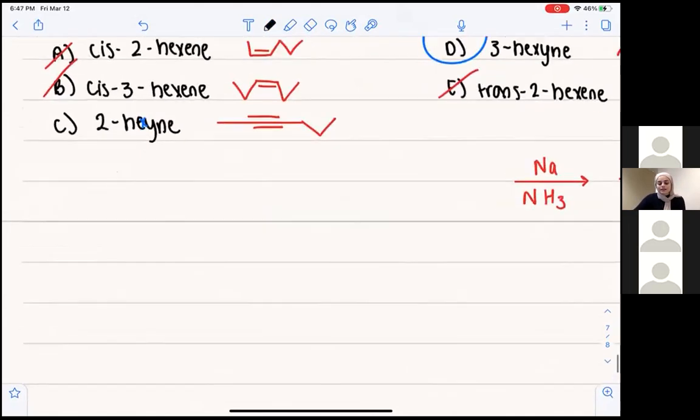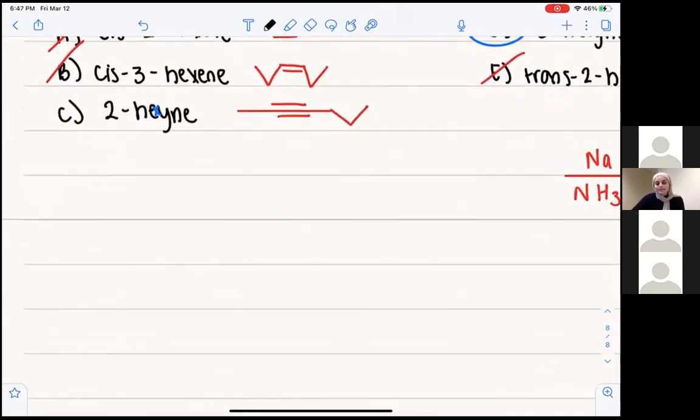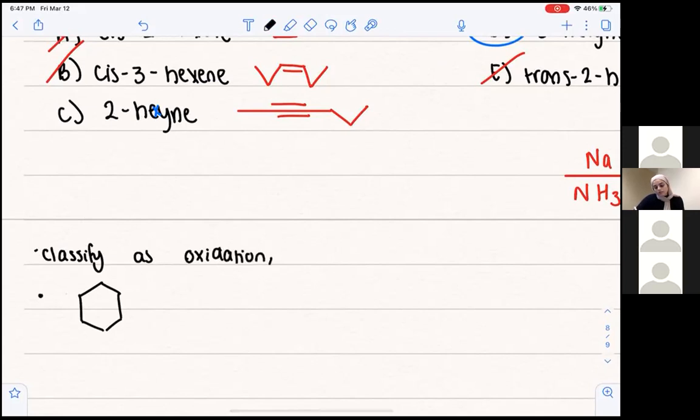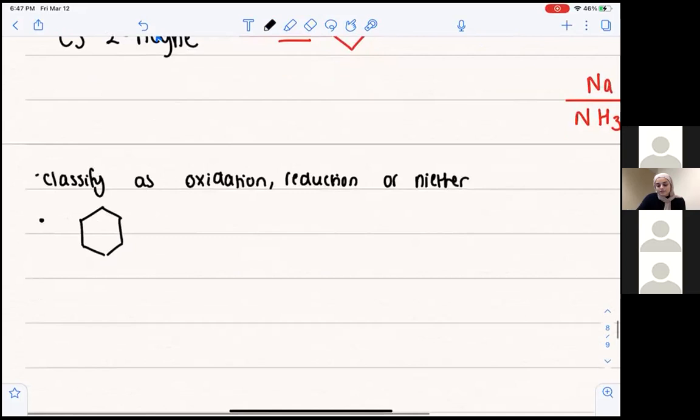And somebody said the Gen Chem definition, and he was like, okay, but what about in orgo? So let's classify as oxidation, reduction, or neither. Let's say that this is what's happening.